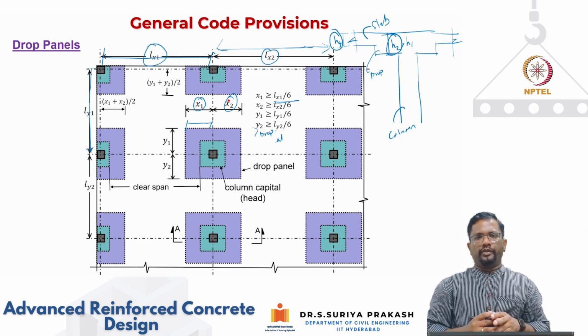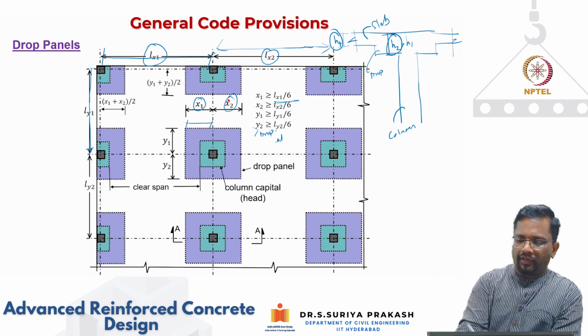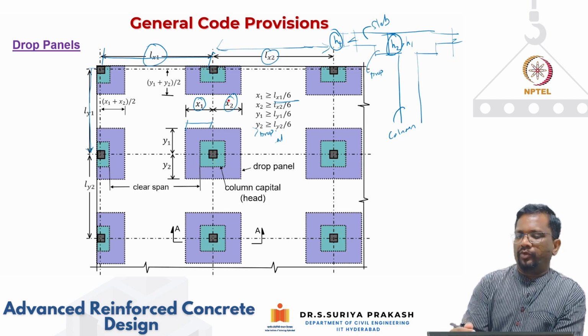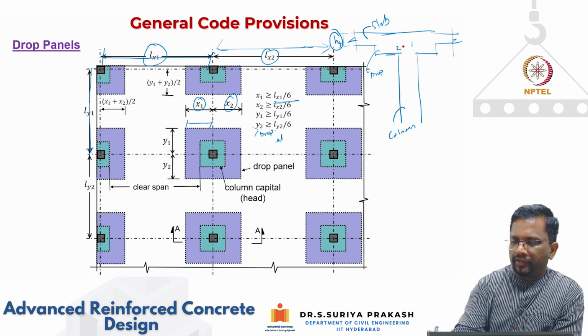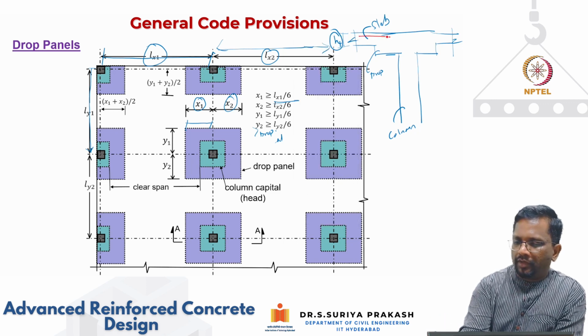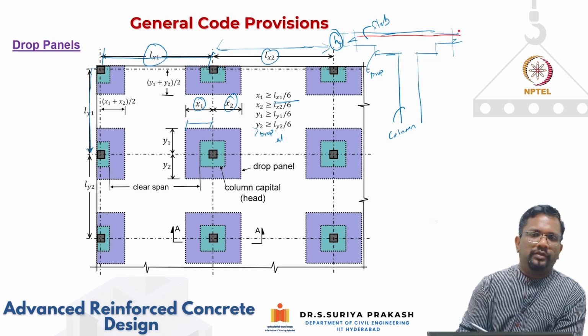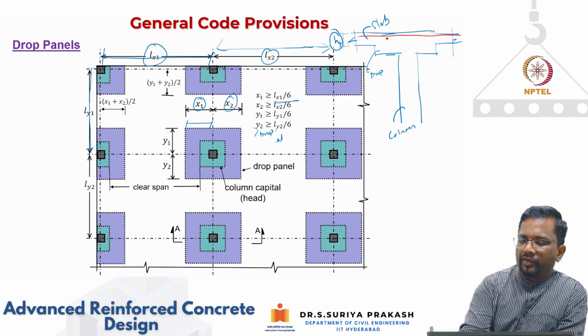Around the column supports I'm going to put reinforcement at the top. So wherever I put reinforcement, my reinforcement is going to be like this. Now what would be the effective depth for the maximum span?